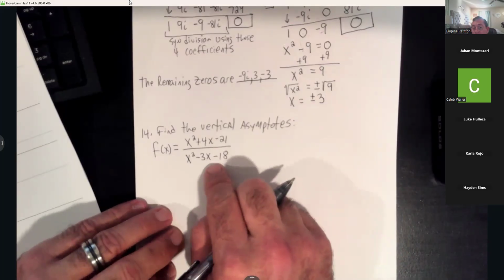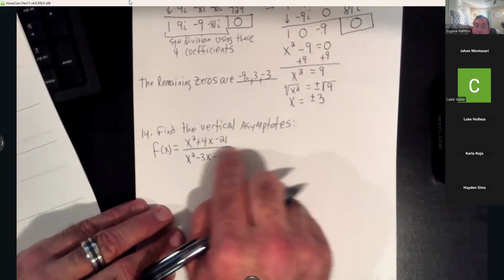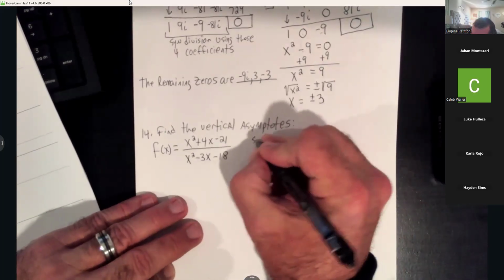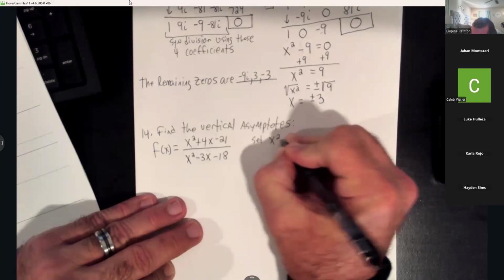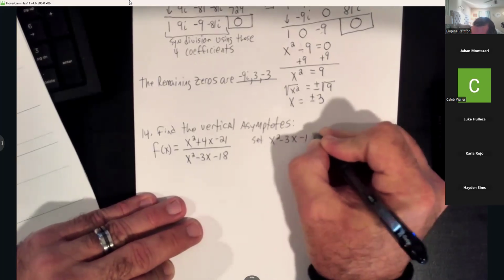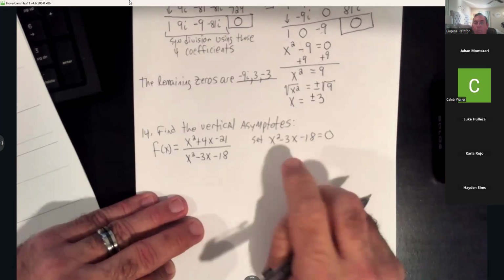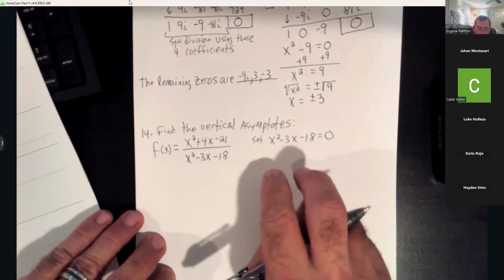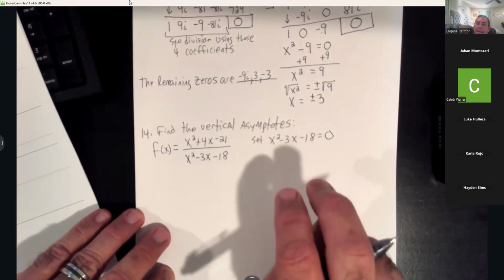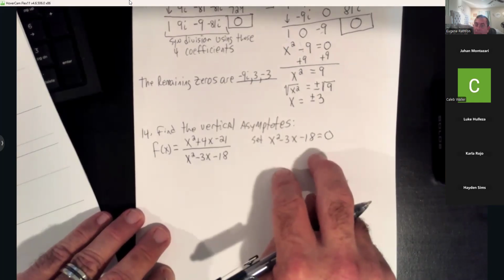All right, so to find vertical asymptotes, we take that denominator and set it equal to 0. Once I got my 2 solutions, those are going to equal my vertical asymptotes, okay?